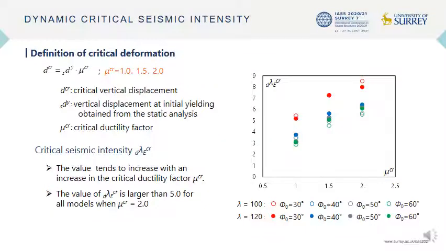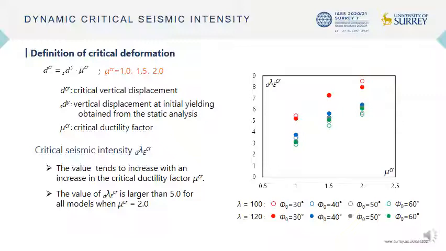In this study, the critical deformation is determined by the maximum vertical displacement, d critical. The value of d critical is defined as this equation. Here, sDY is the vertical displacement at initial yielding in the static analysis, and mu critical is the critical ductility factor. In this study, the values of mu critical are assumed to be 1.0, 1.5, and 2.0.